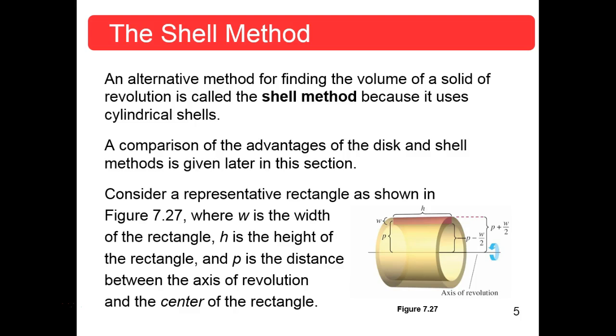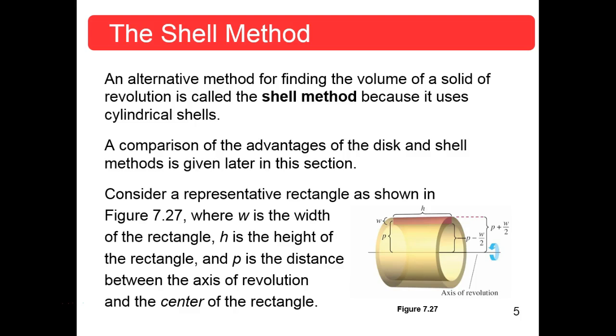Now, here's what we're going to do. The alternative method for finding the volume of a solid of revolution is called the shell method because it uses cylindrical shells. Okay? A comparison of the advantages of the disk and shell method is given later at the end, basically. Consider a representative rectangle, as shown here, where W is the width of the rectangle, this little thickness here.